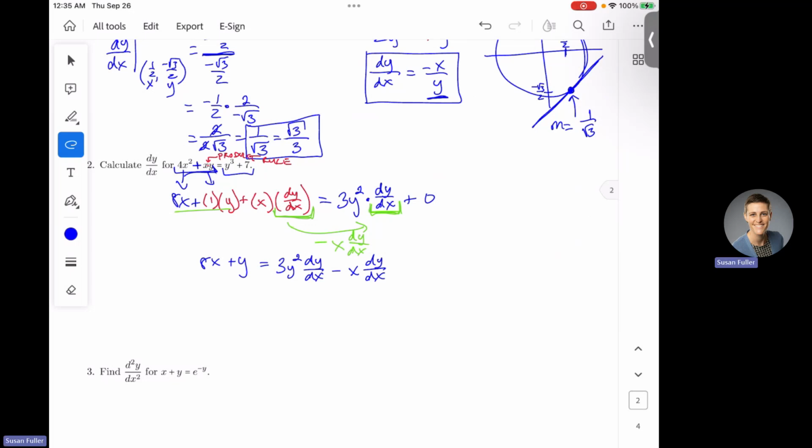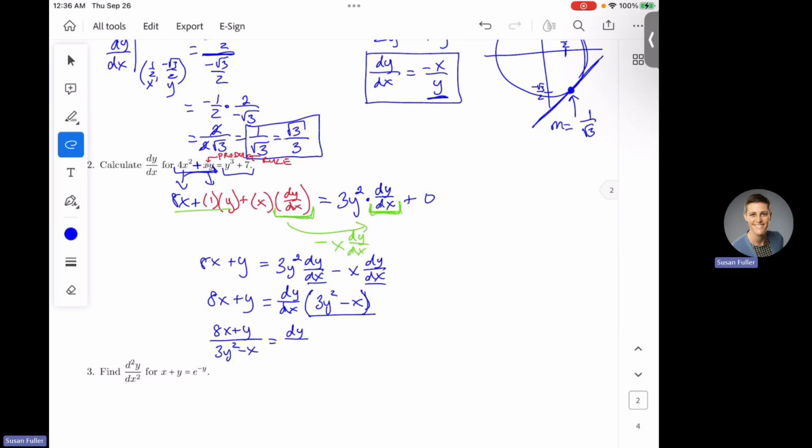And now everything on my right side has a dy dx in it, so I can factor it out. I'm going to have dy dx times, when I take it out, 3y squared minus x. I still have this 8x plus y over here. And so now to get dy dx by itself, I'm going to divide this thing off. So 8x plus y over 3y squared minus x.